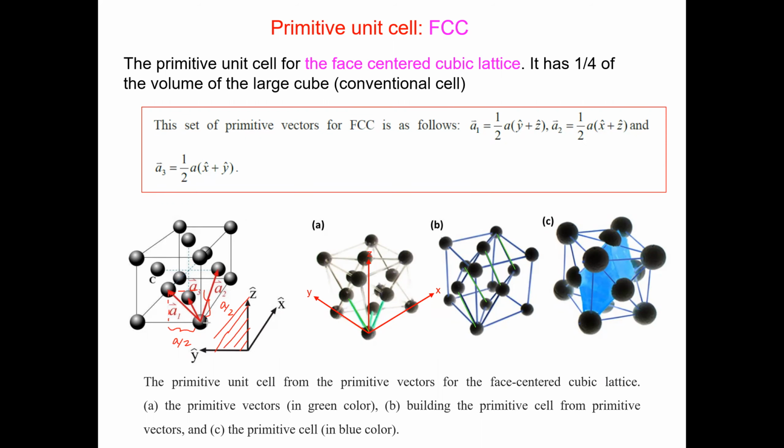And how about A2? This is A2. This is A2, from here to here, right? From here to here and on the back, like that, right?